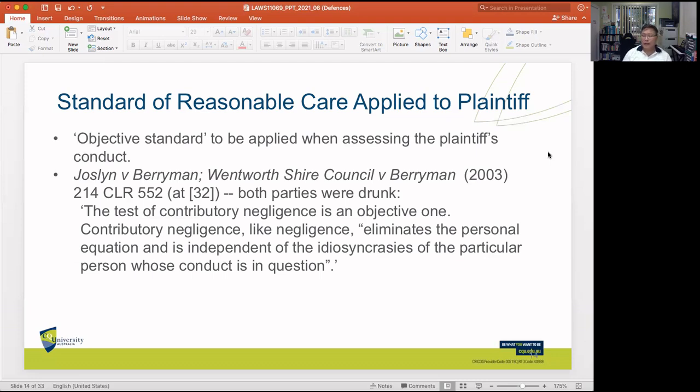And of course, a sober, non-intoxicated person would have decided not to be a passenger of a vehicle driven by somebody who's drunk. And so it was established that both individuals, Jocelyn and Berryman, were contributorily negligent under the circumstances, and therefore there was a reduction in their claim of damages.